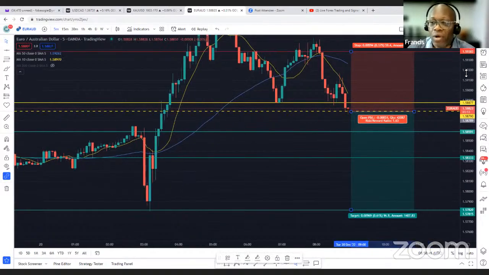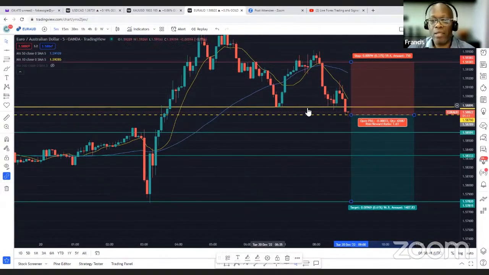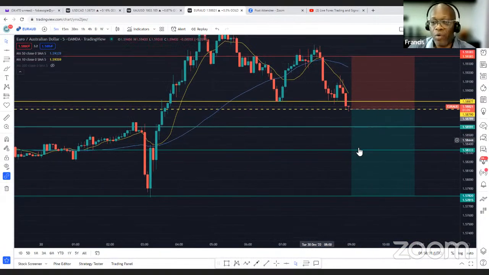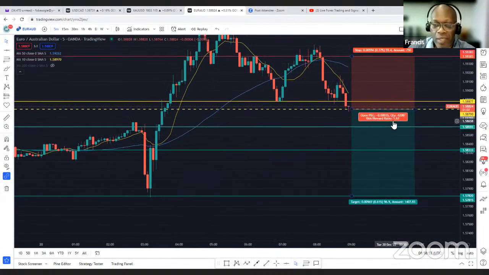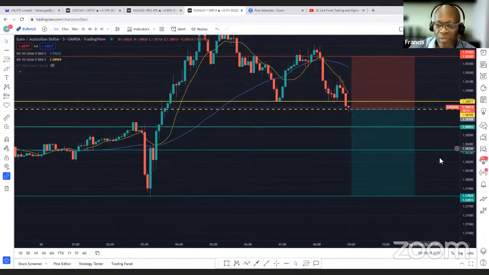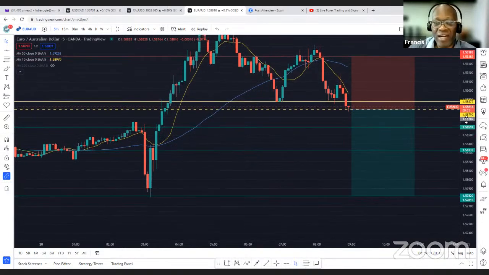So the trade on gold was much better. Here we are risking 1 to 1.5. So we are risking $1 to gain 1.5 or thereabout. It's still fine. I mean, the strategy is what matters.